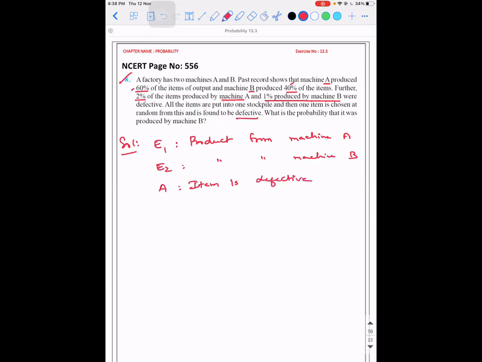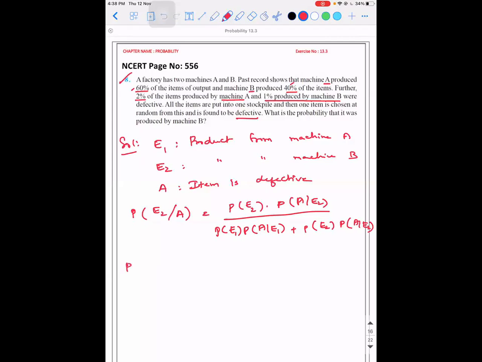Now let's write down. What are they asking? The probability that it has come from machine 2, knowing it is a defective one. That is probability of E2 into probability of A given E2, divided by probability of E1 into probability of A given E1 plus probability of E2 into probability of A given E2.